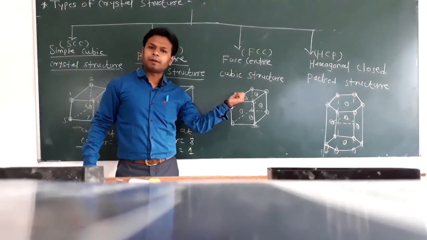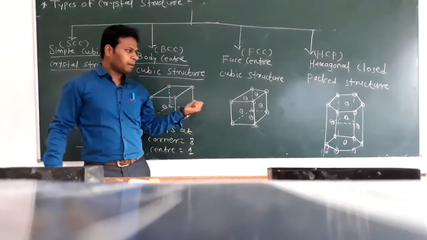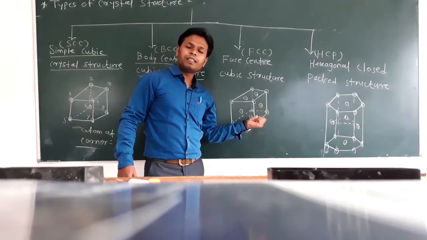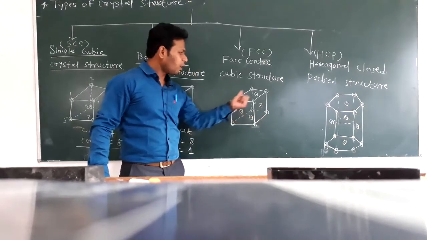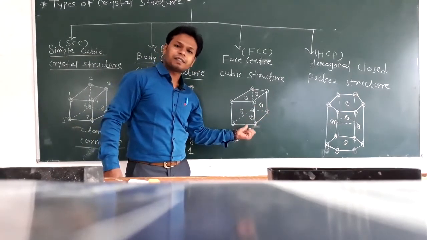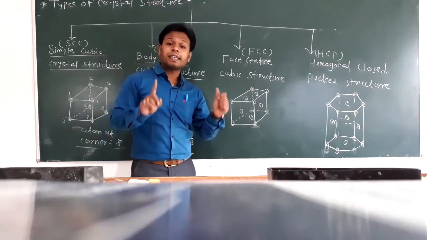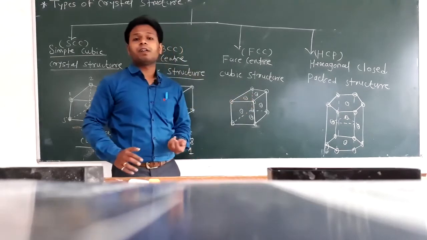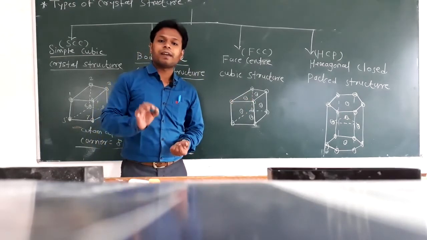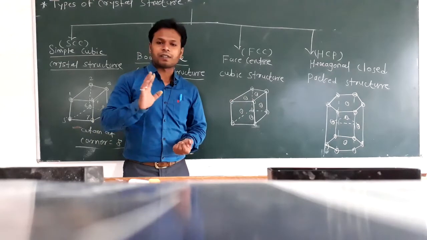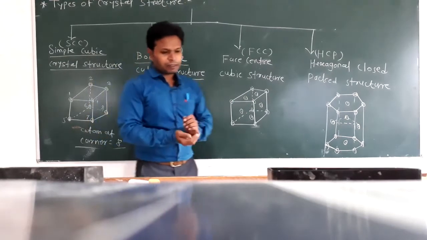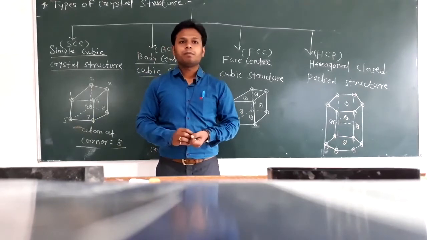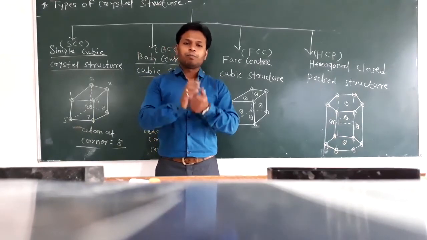It is very simple. Similarly, in a cube there are 8 atoms placed at the corners of the cube or crystal structure, and there are 6 atoms placed at the faces of that particular cube, known as face center cubic structure. Okay, we take the example of our cube.